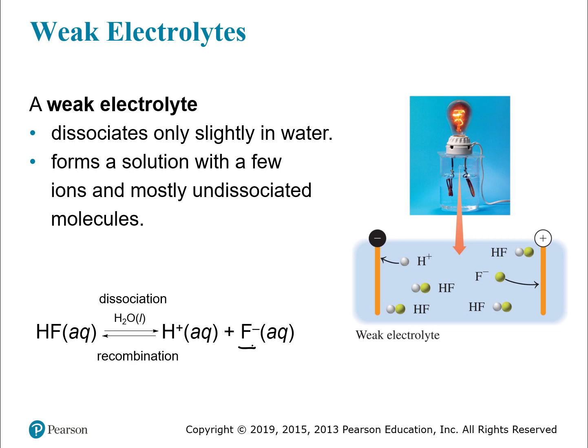In this case, we're talking about fluoride ions. Again, we're adding the water, but notice how there's a forward and reverse arrow. That means that the ions can recombine and reform the molecule again. So it's not exactly enough to light a light bulb, but you are going to have some ions in solution.